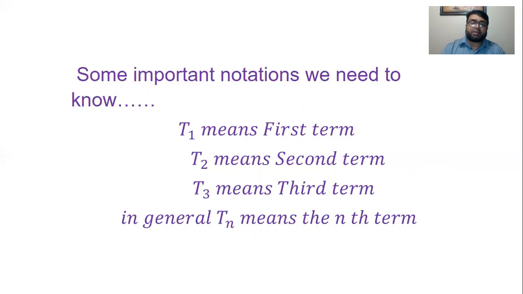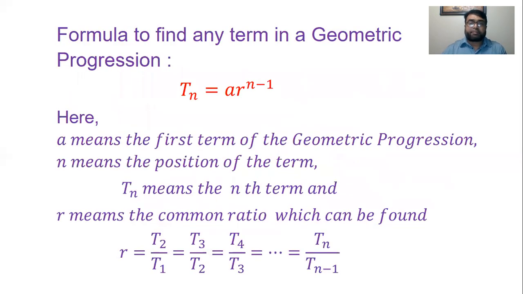So n can be any positive integer, which indicates the position of the term in the geometric progression. Here we are going to discuss a formula which tells us about the general term.